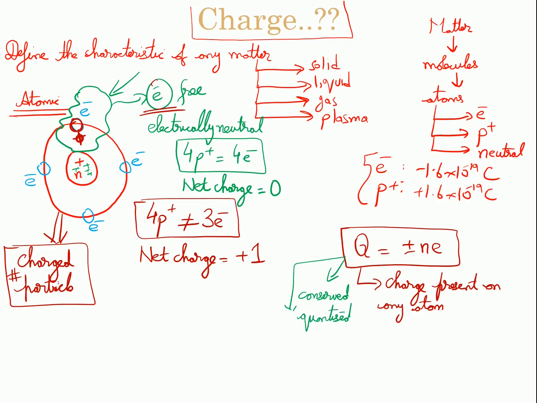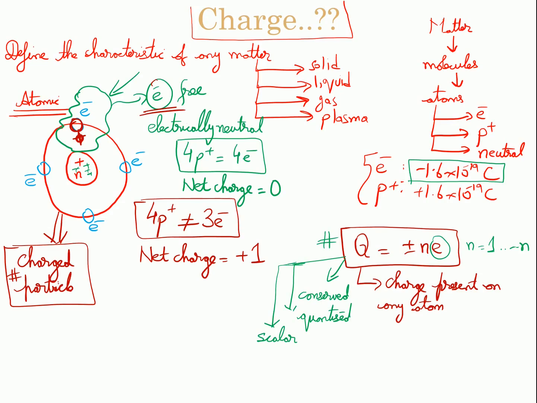And an important thing in our course of EMT is that charge is a scalar quantity. So these are the important points associated with the representation of a charge, where in Ne, N is the number of electrons, and E is basically the charge of the electron or negative charge.